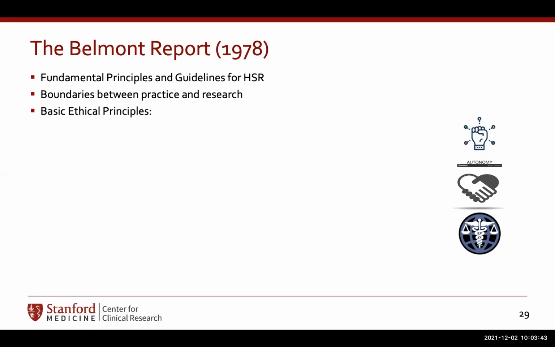Does anybody remember the other two? There's one that begins with a J. Yep, justice. Thank you. That was a tough one to remember how to pronounce. And the third one is respect for persons. There you go.